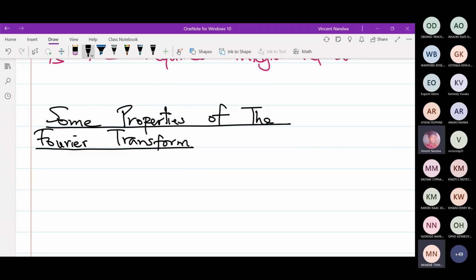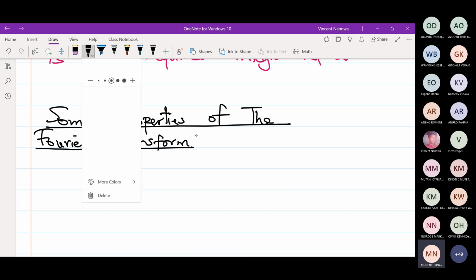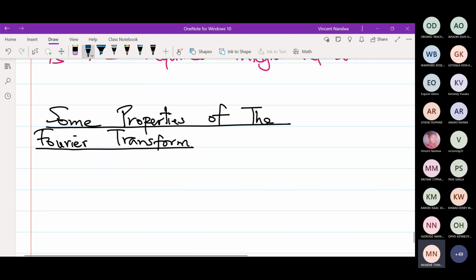So for those who are lucky to do the exercise on properties of Laplace transform, what are some of the properties that you were able to discuss? The linearity property. Linearity property, correct. Any other property? Apart from linearity?